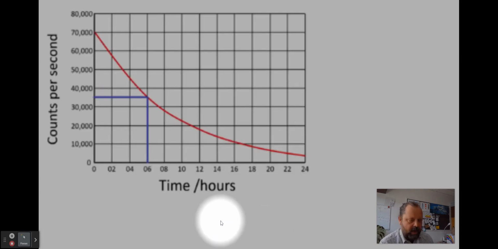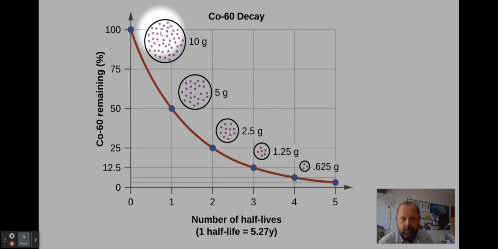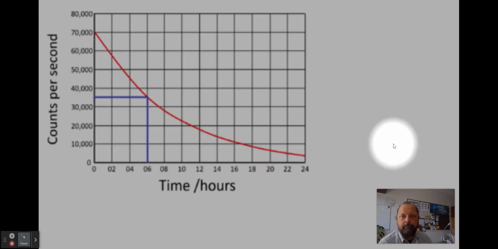So you would expect if you had 10 grams of cobalt-60, after 5.27 years, there would only be 5 grams left. After another 5.27 years, or 10.54 years since you started, you would only have 1/4 of your original sample left, or 2.5 grams. So you're definitely going to see lots of variation, but the rules about the graph are the same. Let's look at another one.